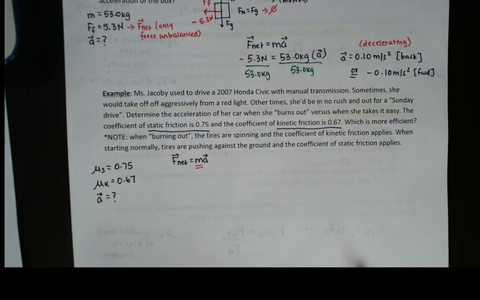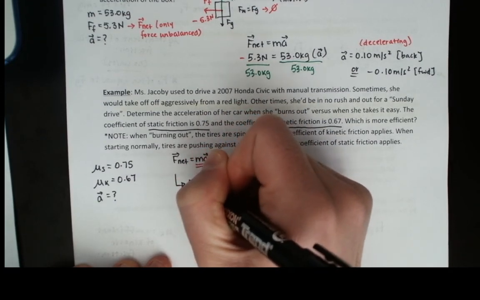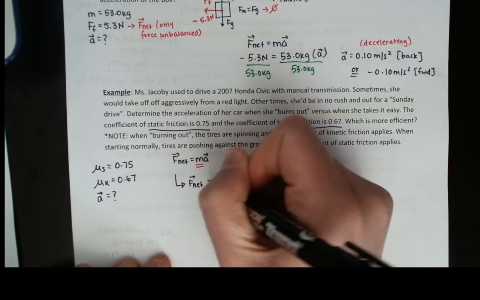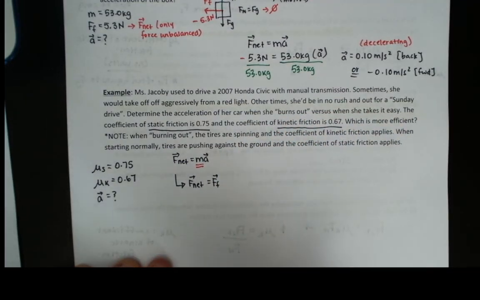Well, let's think about it like this. The net force that's going to be acting when I'm at rest and trying to drive is going to be friction. So when I'm trying to get in motion, I have to overcome the friction. So really, in this situation, the net force is going to be friction.